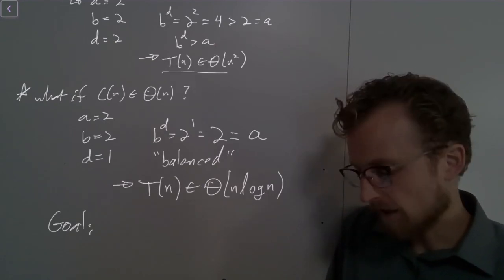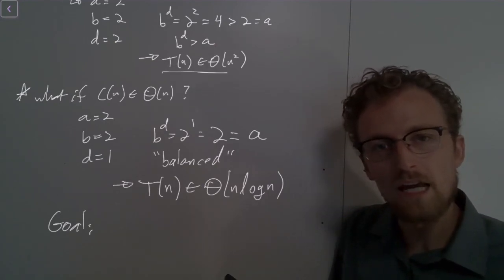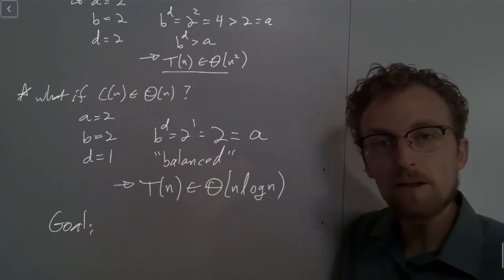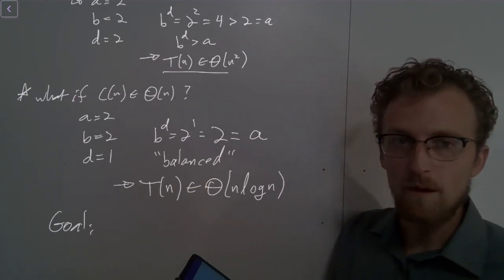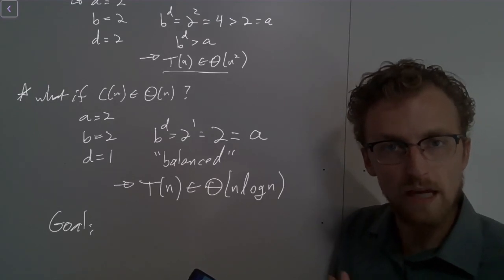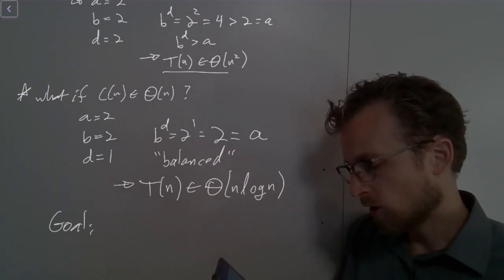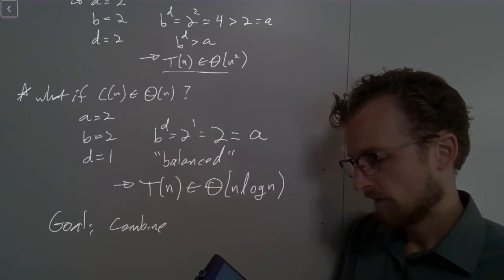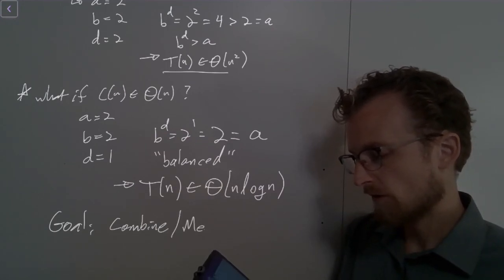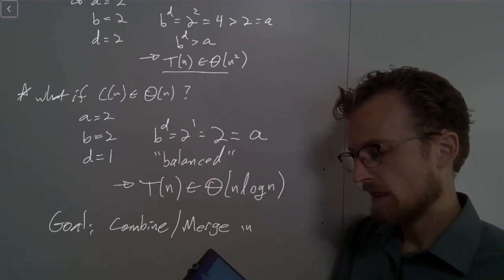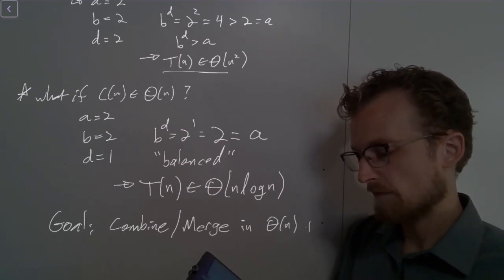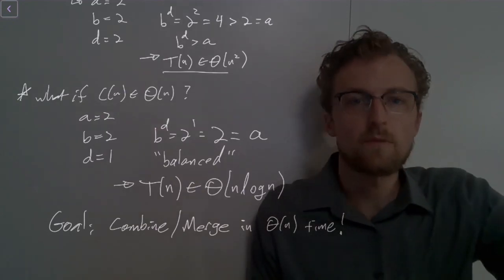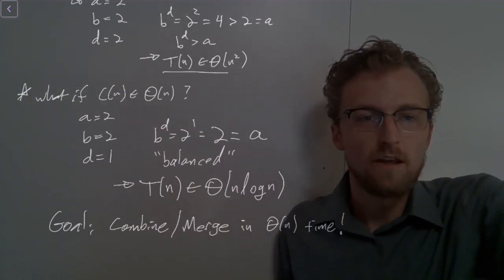If we can, then we inherit this n log n complexity for merge sort, which is a significant improvement upon the n squared complexity of all the elementary sorting algorithms. So our goal is to merge two sorted arrays in big theta of n time, in linear time. And if we can do that, then we'll have an n log n sorting algorithm.